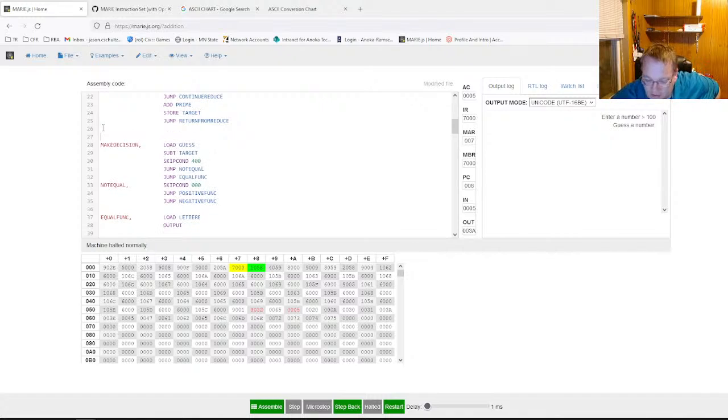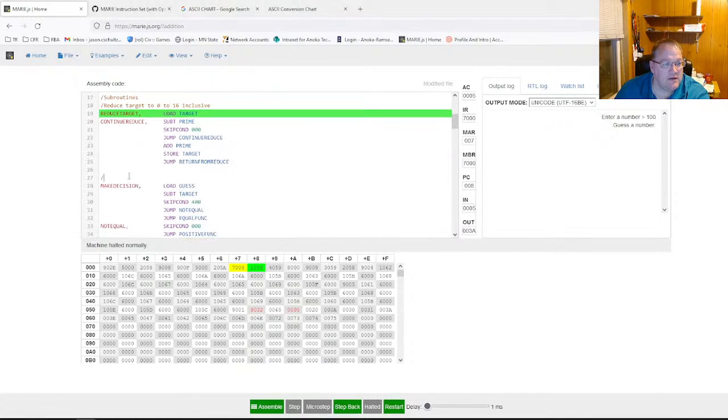We've been putting here, so this, we're going to say determines which function to run based on guess to target. I should probably write that in regular prose.